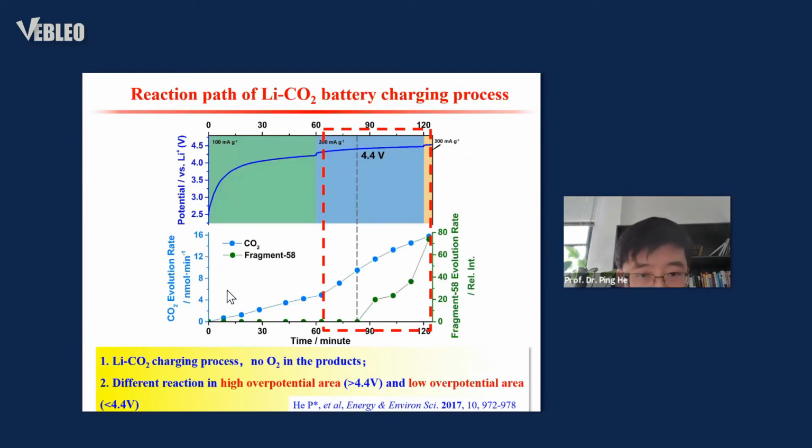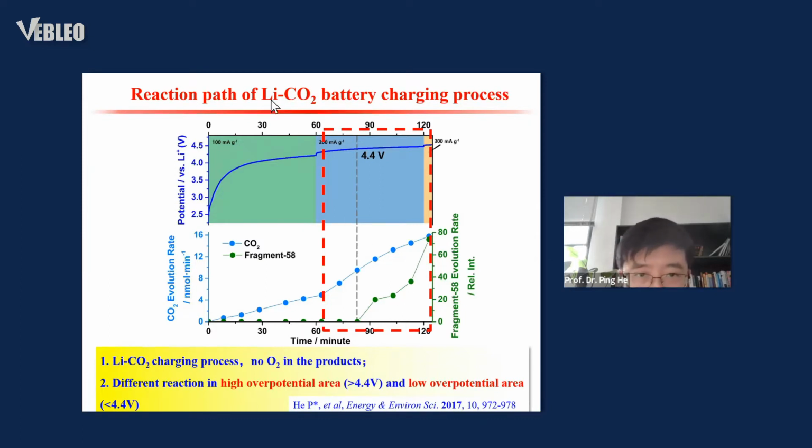In this GC-MS test, we can see at very low potential, the battery forms carbon dioxide, and at the higher potential, we can see two products. One is carbon dioxide, and the second is fragment 58, this one.